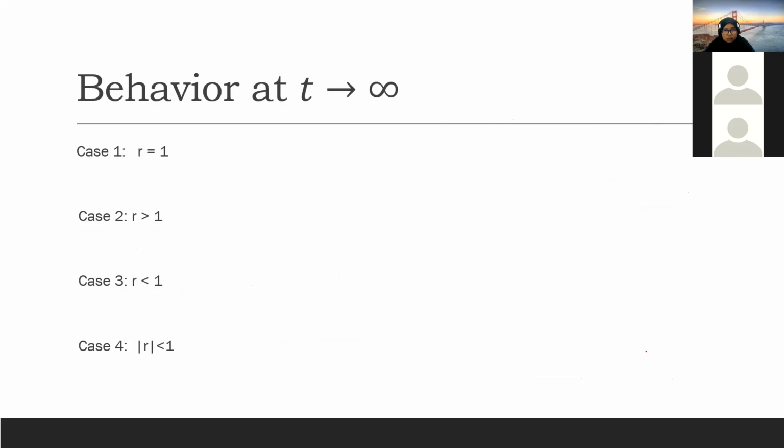We need to see the behavior as t goes to infinity. Now, if r is 1, the rate is 1. We have 4 cases. Number 1, r is 1. Remember that this is e n plus 1 equals r e n.